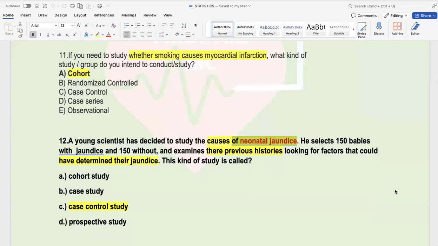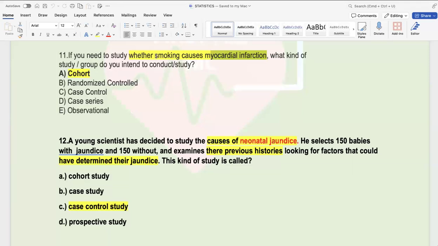Okay? Does it make sense to everyone? So don't think too much complicated in the exam. I know that if you think like this, that, well, I know a group of patients who got MI, and I wanted to know that whether they were smoking. Yes, we can do case control in that way, but the question did not ask like that.